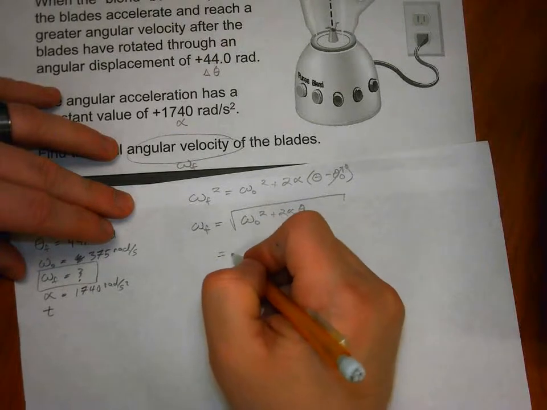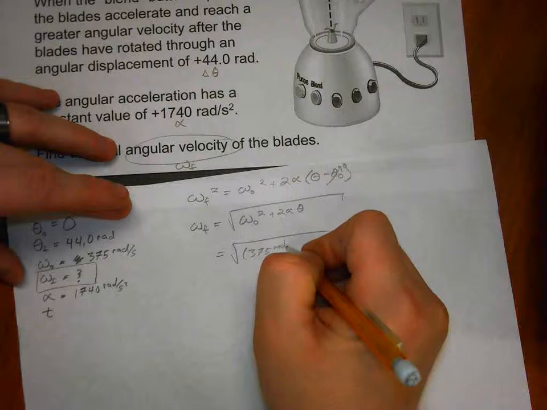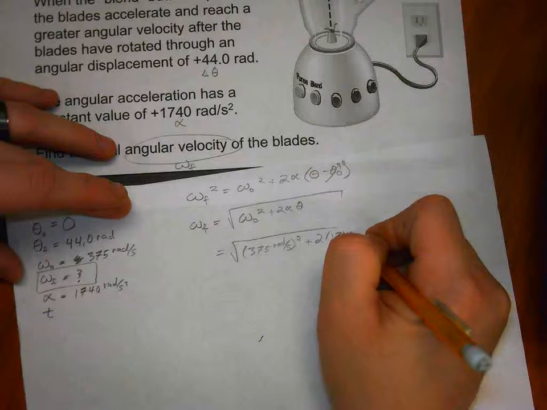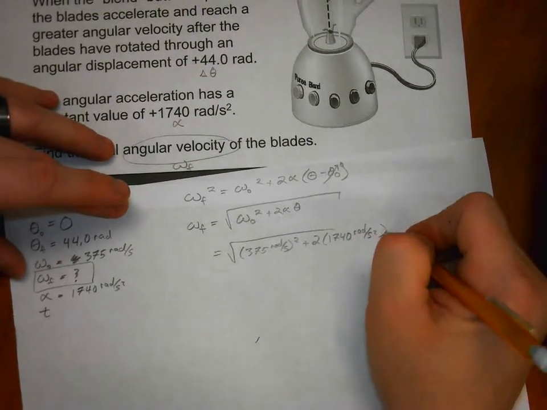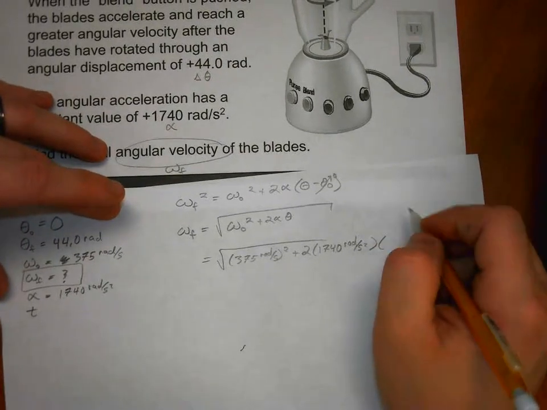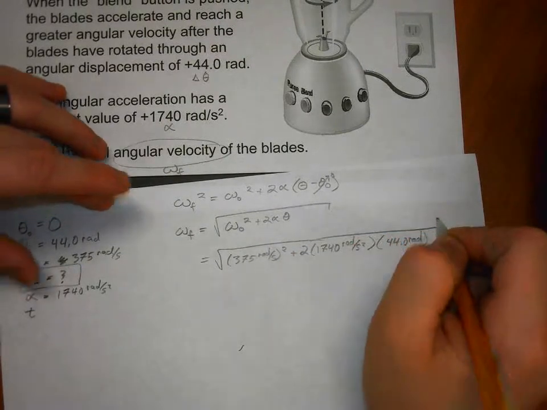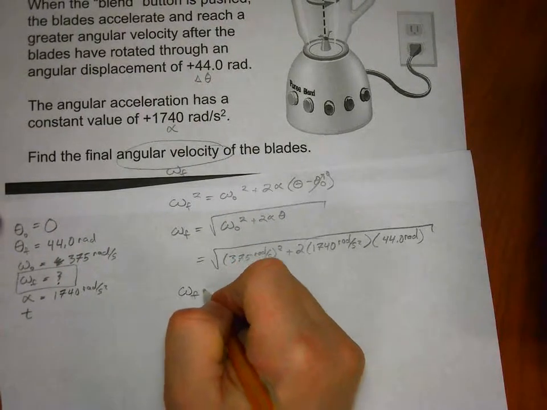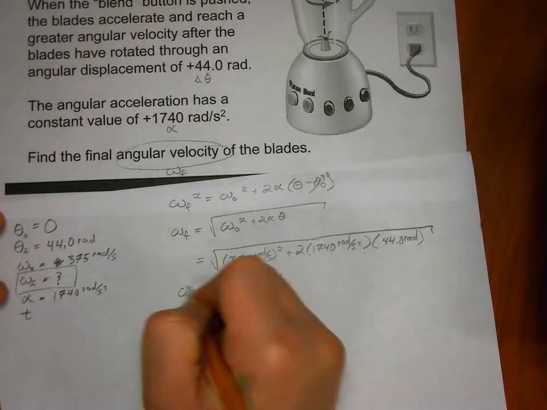Now we can plug in 375 radians per second, squared, plus 2 times 1740 radians per second squared times 44.0 radians. And the final angular velocity thus is 542 radians per second.